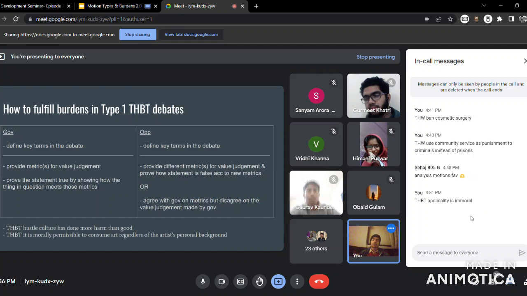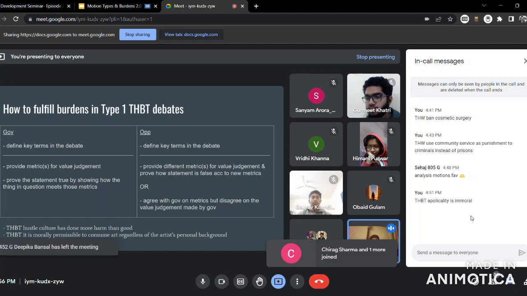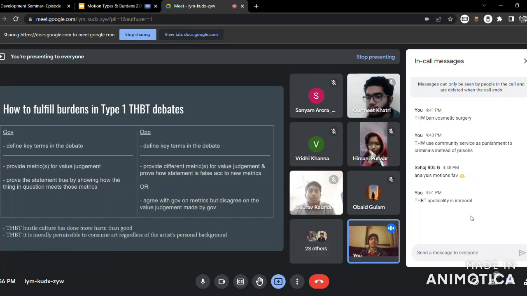So if the motion is this house believes that apoliticality is immoral, then Gov can say that firstly they'll define apoliticality like I did a couple of minutes ago. Then they'll say that, panel, we think that any action that leads to harm to other people, or if you're in a position where expressing your voice can lead to a change in the system which benefits others, but you're withholding your voice and not taking that action, which leads to harm being perpetuated on someone else, we think any action of such sort is immoral.